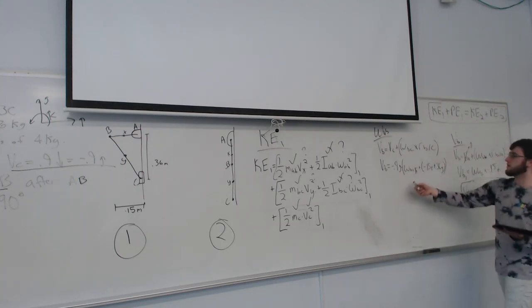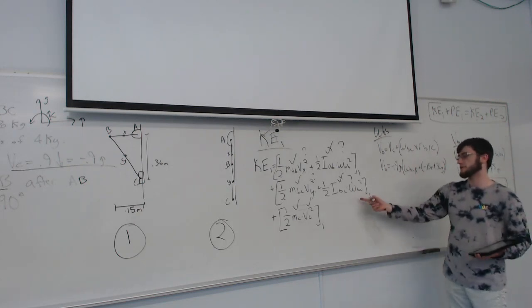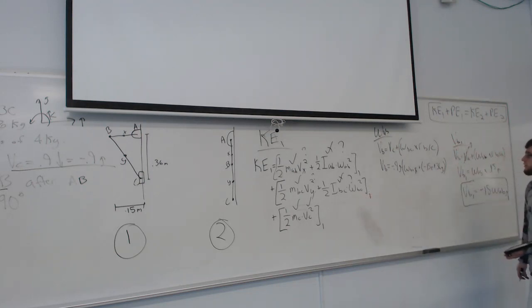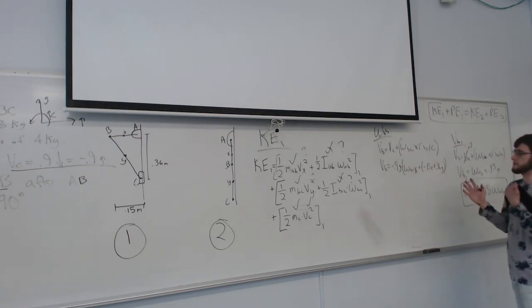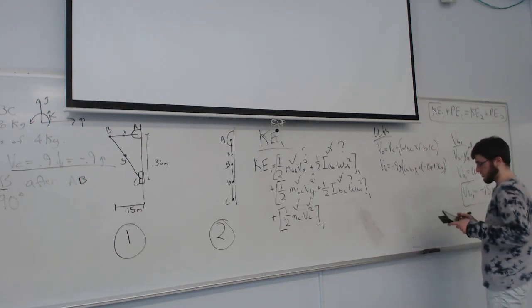Velocity of C is given, then the angular velocity of BC. I don't have it yet, but it's good that it's showing up now because I'm going to need to get it at some point, right? So then this is just the position vector. I don't have time to go through all this stuff because this problem is ginormous.